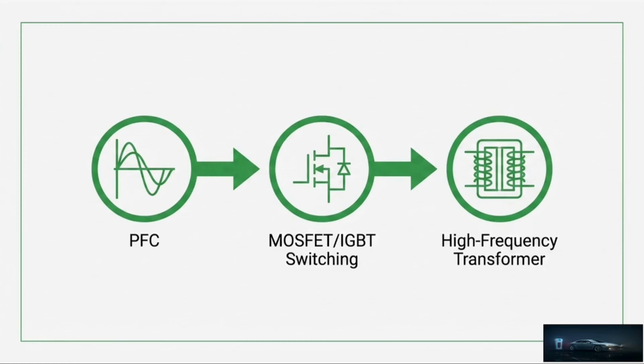Because we want to process the power efficiently at a high frequency. A power semiconductor switch such as a MOSFET or IGBT repeatedly turns the electrical power on and off. So a MOSFET and IGBT are like a switch, right?